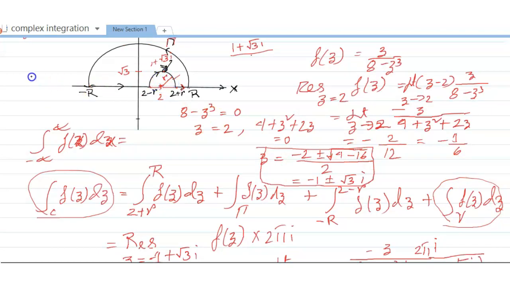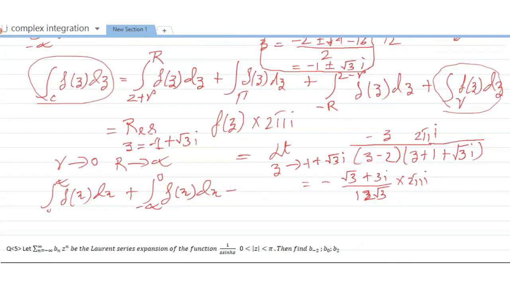If this circle has limit as z tends to 2 of (z minus 2) f(z), I get 1 by 6, minus 1 by 6.